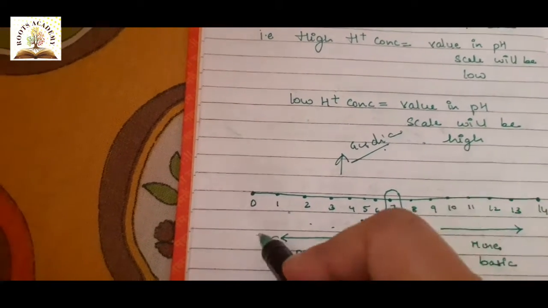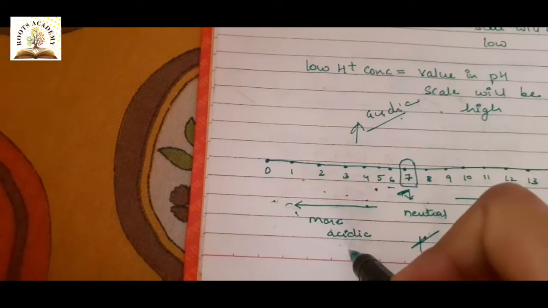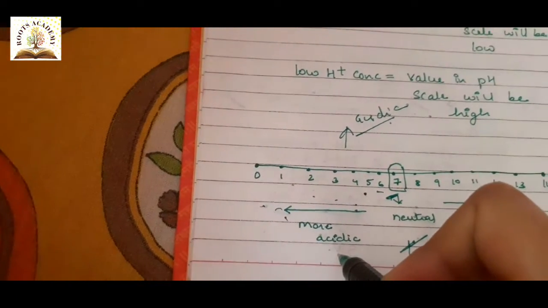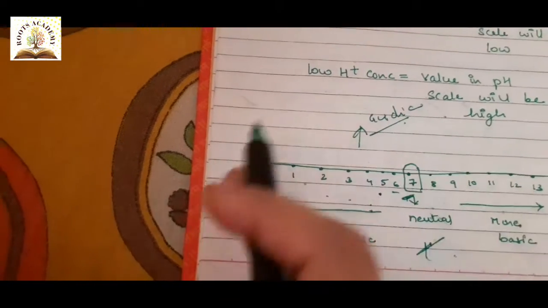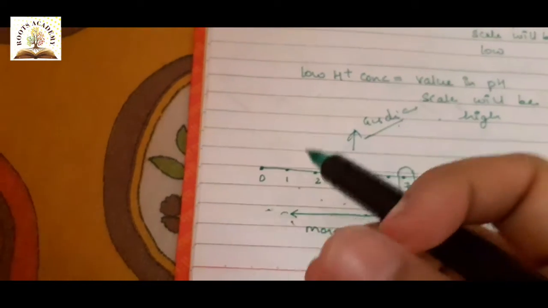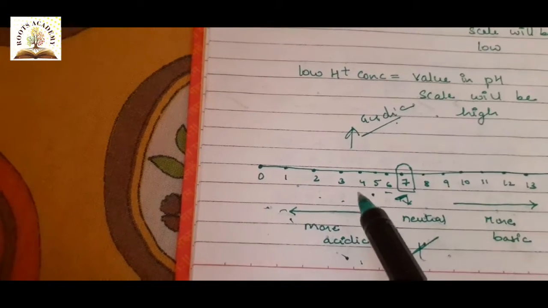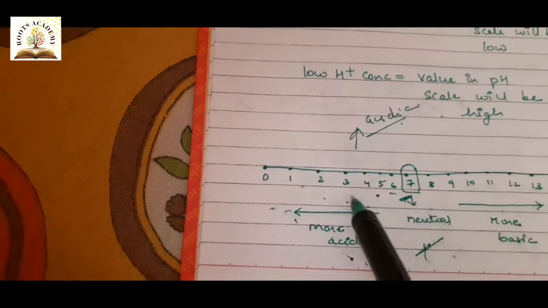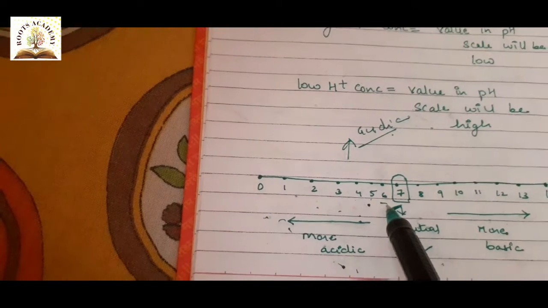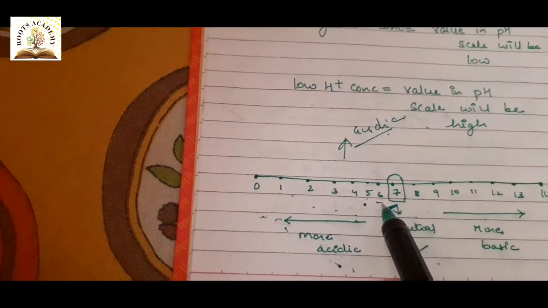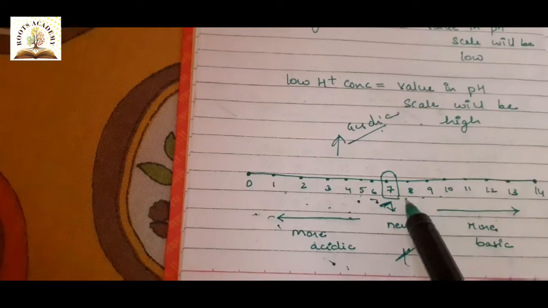If you get a low reading, it means the concentration of H plus ions is more, so the compound is more acidic. If you get a reading like 4, 5, 6, the compound is less acidic, and H plus ion is less.